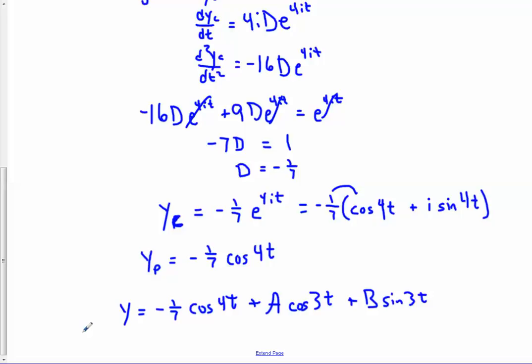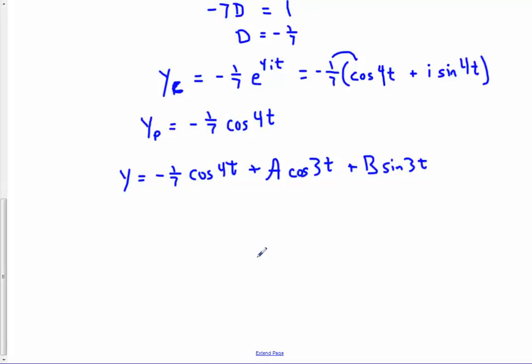Now, at this point, we would apply any initial conditions that we have and figure out a and b. Instead of actually working that out, let's assume that we get initial conditions that end up making a and b equal to 1/4. So, negative 1/7 cosine 4t plus 1/4 cosine 3t plus 1/4 sine 3t.